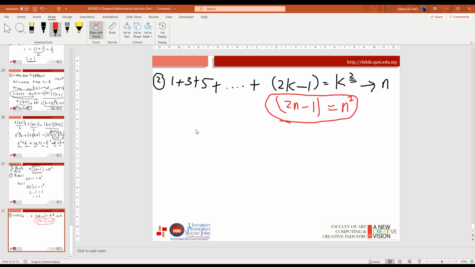Okay, kemudian apa yang kita perlu buat? Show that true. Apa dia? Show true for n equivalent to k plus 1.